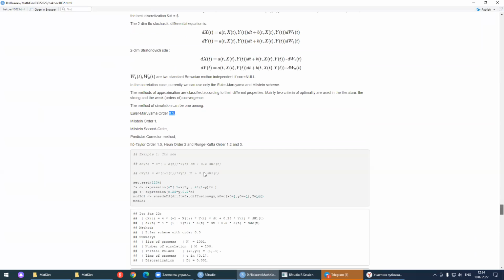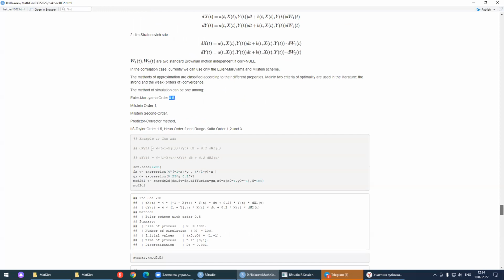Okay, as an example, we consider this system of stochastic differential equations with these functions. Look here, this one is A1, this is sigma 1, this is A2, and sigma 2.